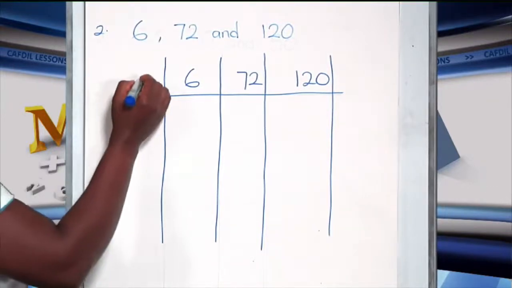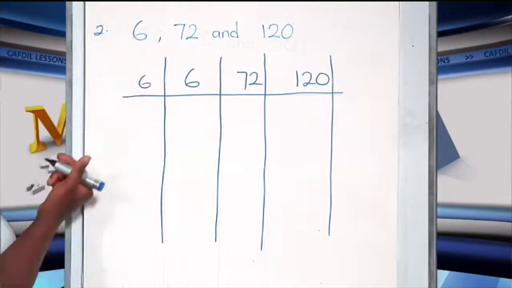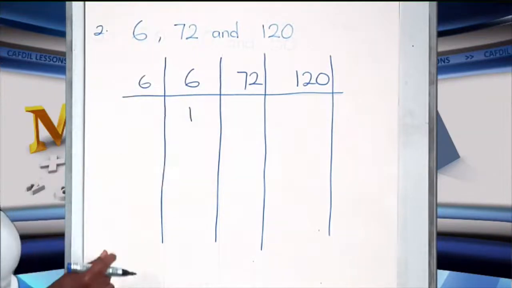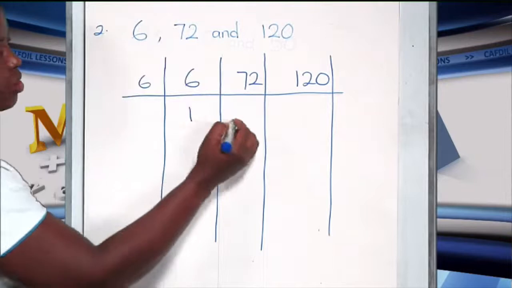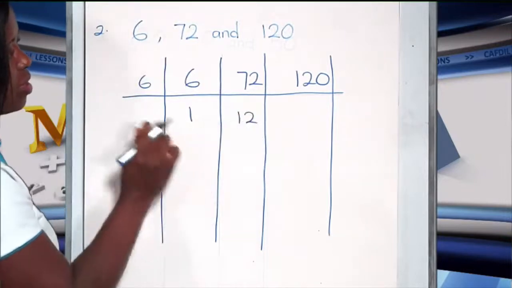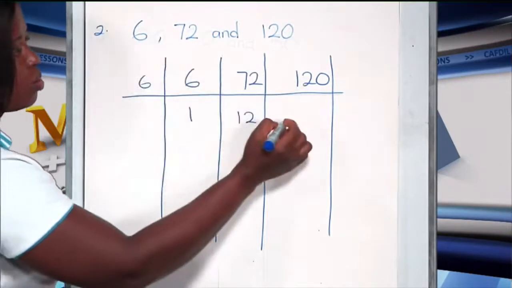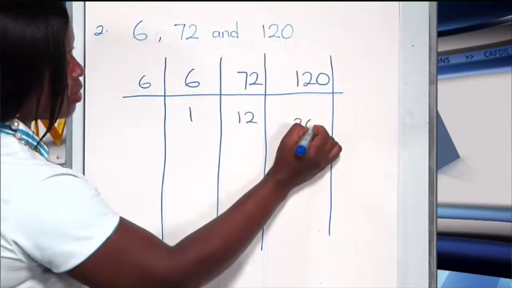Can we use 6? 6 goes into itself once. 6 goes into 72 12 times. And 6 into 120 20 times.